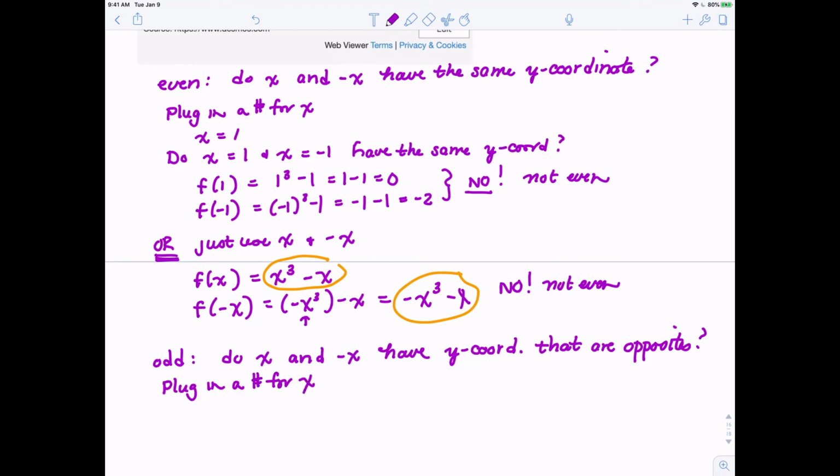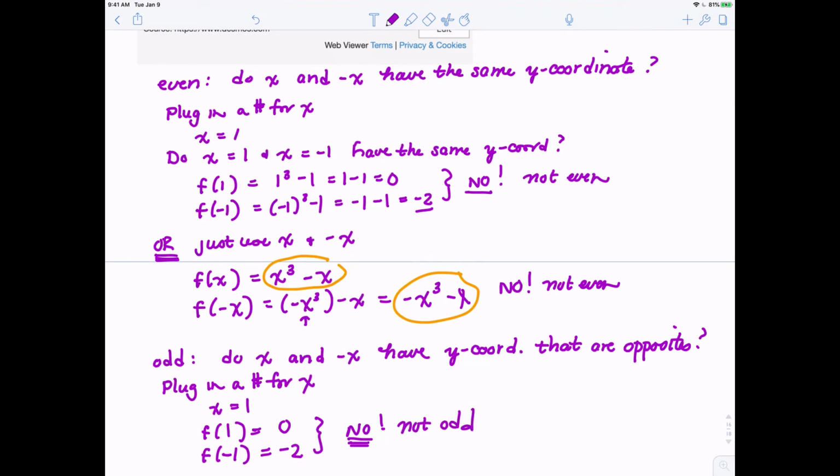Since I already used 1 in the first example, I'll just do that again. So if x is 1, we already know that f of 1 is equal to 0. So what's f of negative 1? We already did that as well, I think. F of negative 1 is negative 2. So are these opposites? The answer is no. So this is not odd.